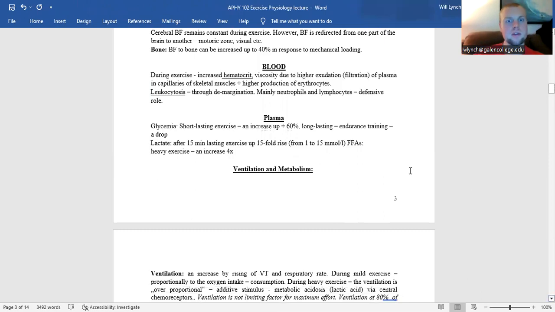It depends on the mode of exercise that you're doing, but mostly we see that we're going to have an increase, all right? If we have an exercise session in the last 15 minutes, we can see up to a 15-fold rise in blood lactate levels. So for heavy exercise over time, we're going to see that increase.